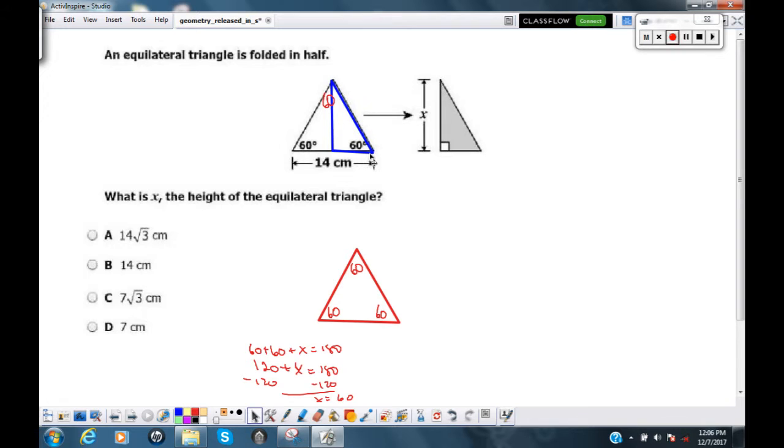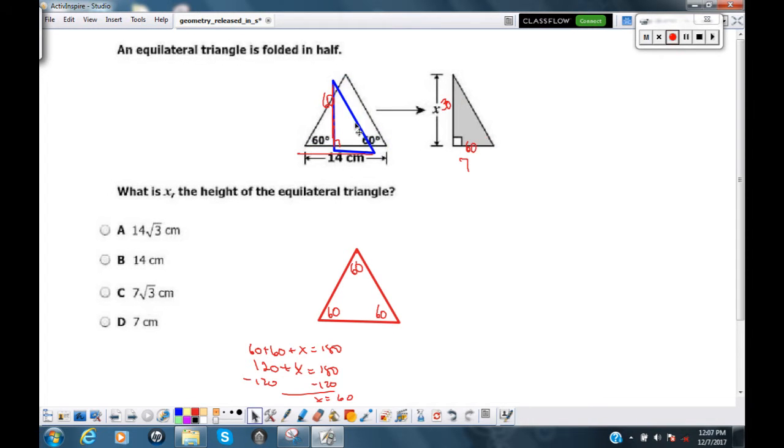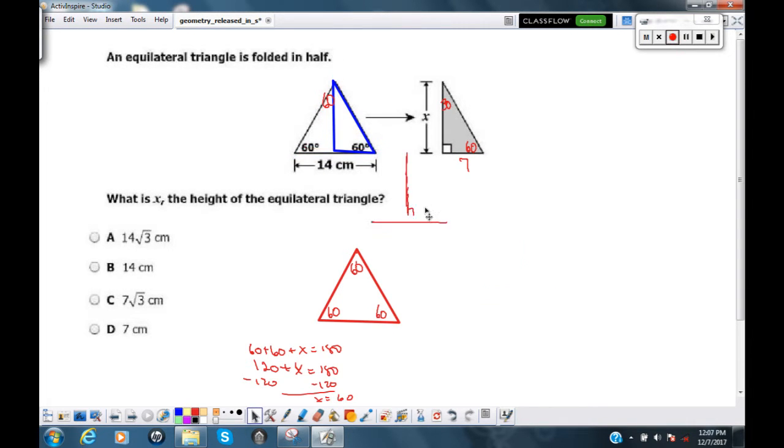When you drop an altitude, this line right here, down and form a right triangle from an equilateral triangle, a couple of things happen. That splits this angle here into a 30, this remains your 60, and then it cuts this 14 in half, which is a 7.